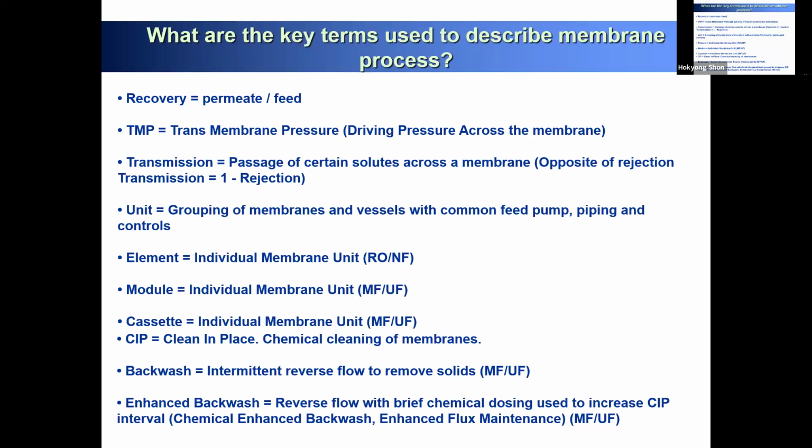So you don't design the whole 250 at the same time. We separate: okay, I want to design 50 megaliter per day as one unit, or 10 megaliter per day as one unit. So you can make 10 megaliter per day as one unit, and several units will make 250 megaliter.